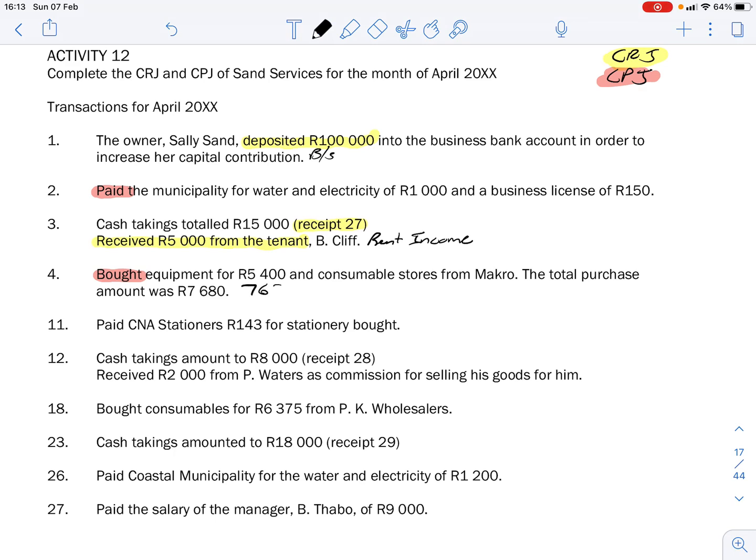So if we take 7,680 minus 5,400, we need to work out the figure for consumable stores. So 7,680 minus 5,400 should give us 2,280, which is our consumable stores figure. I will highlight those both in green.